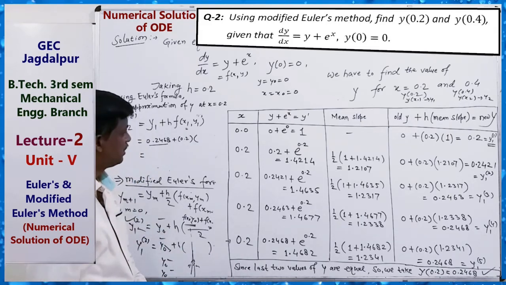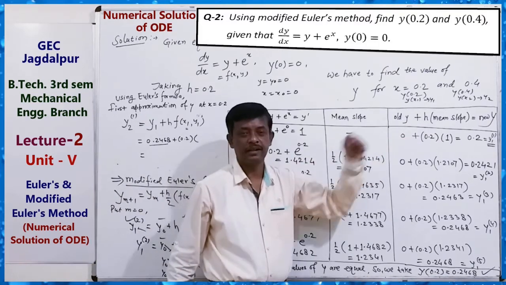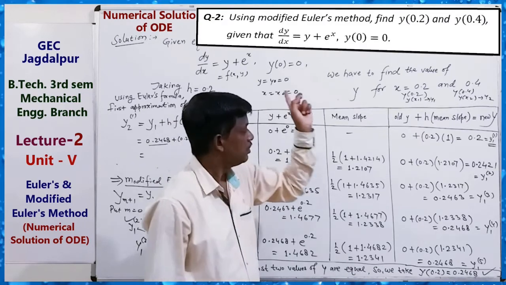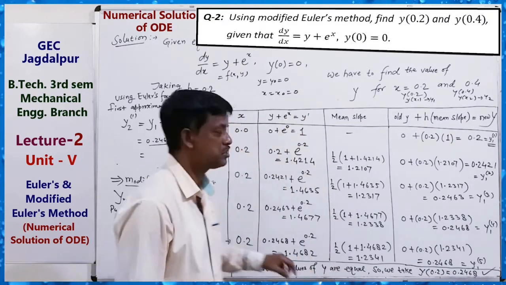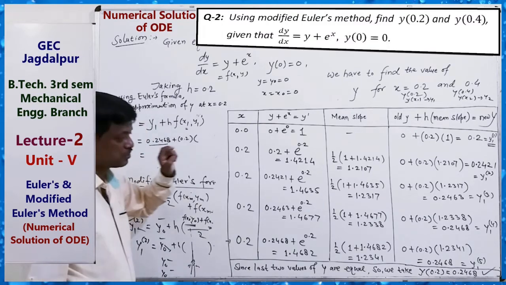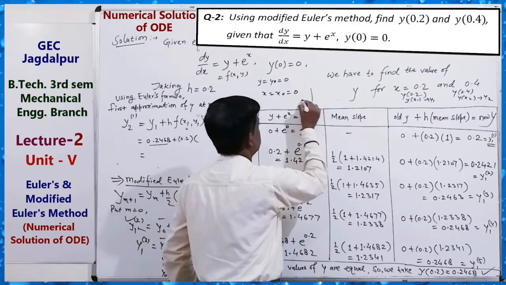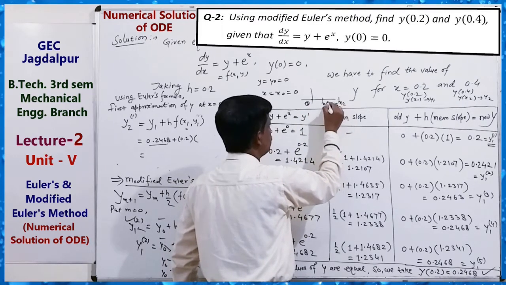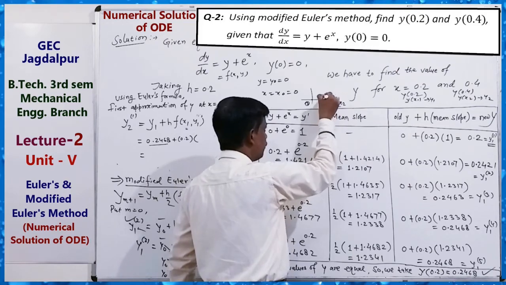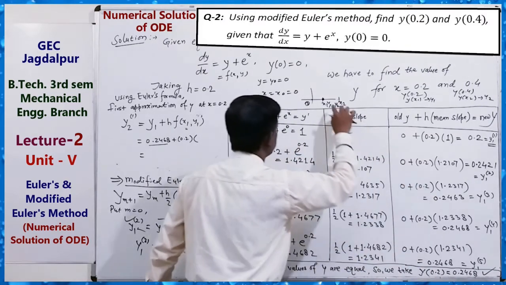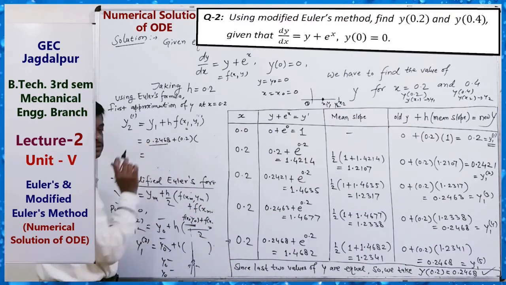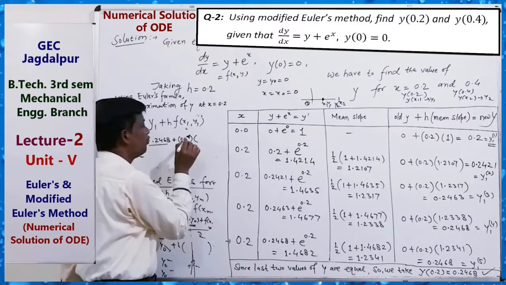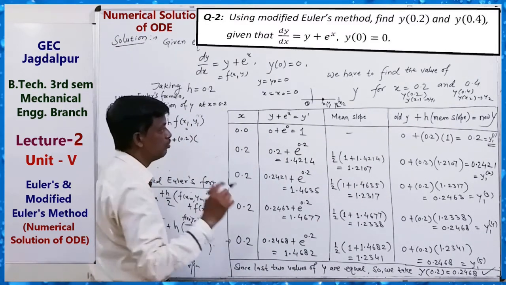Here remember that for using Euler's formula, the first value y1 comes from this for the next stage, because here this is 0, this is x1, this is x2, this is for y2, for y1. So here y1 comes from this for point 1, plus in this calculation we use slope.